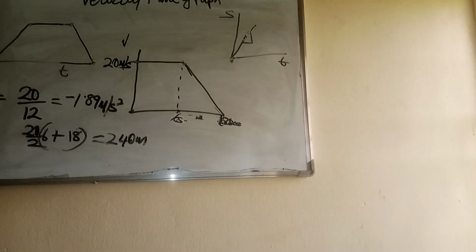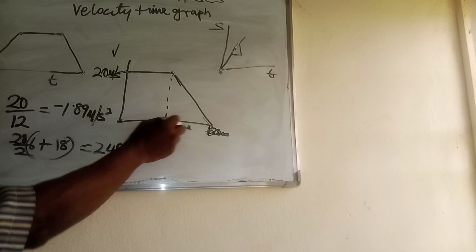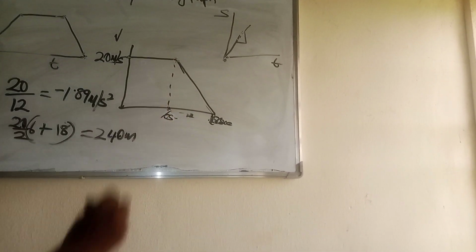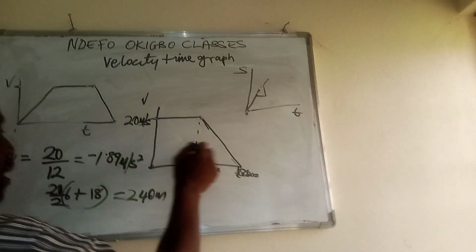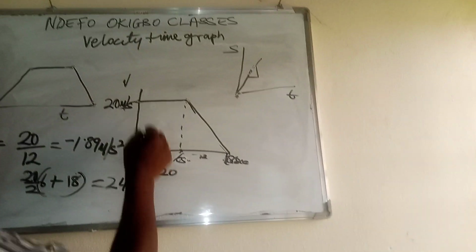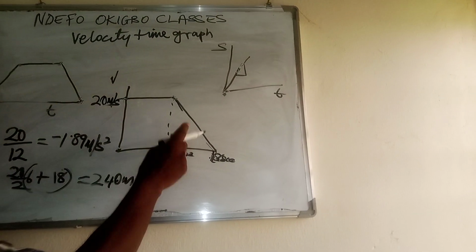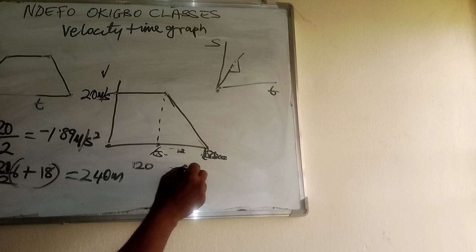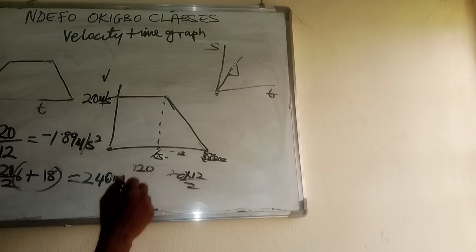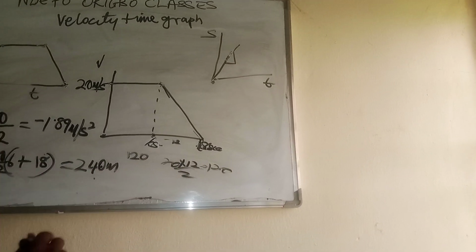If you don't want to do it like that, you can say the area of this rectangle is 20 times 6, which is 120. Then the area of this triangle is 20 times 12 over 2, that's also 120. 120 plus 120 is 240.